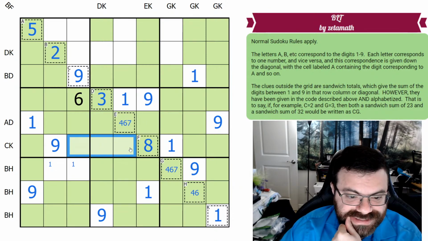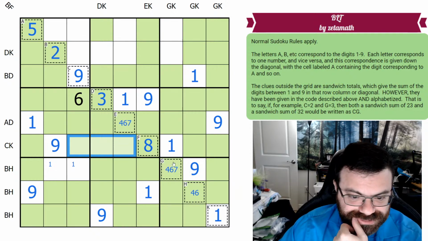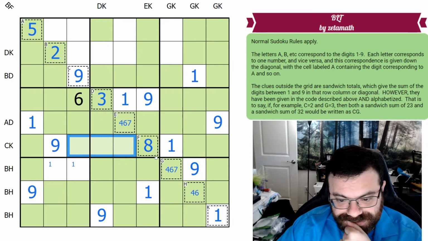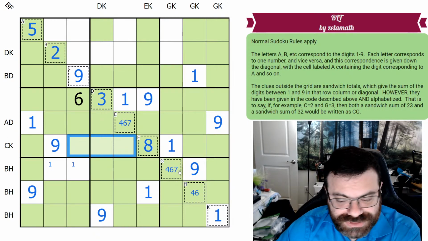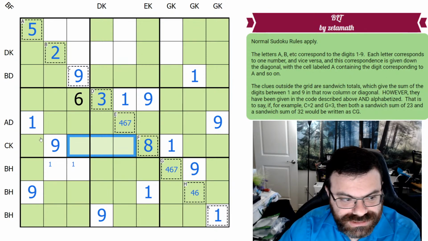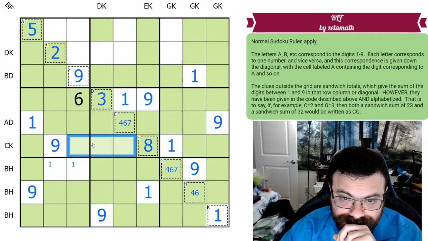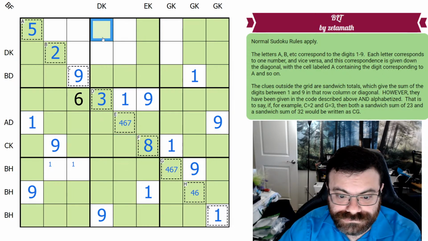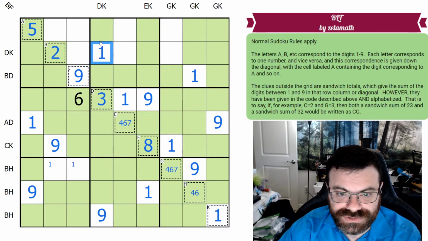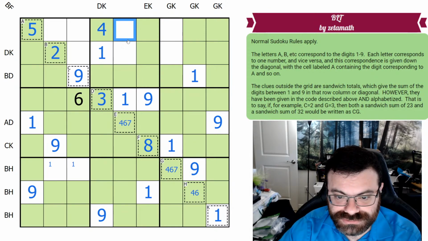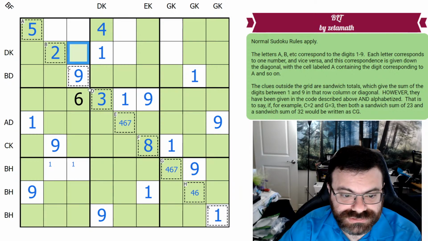Okay, so this has an 8 and it adds to CK. That's to 19. Oh yes, we have this one. So this is a 4. This sees 1 and 9.